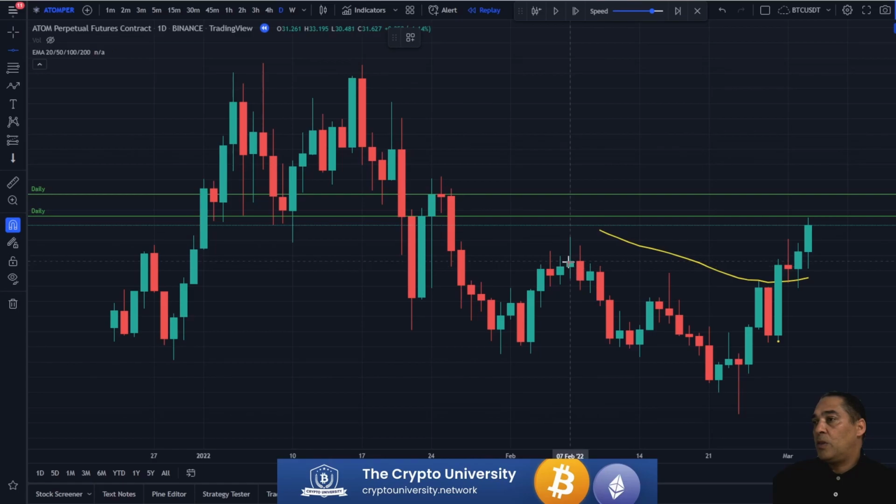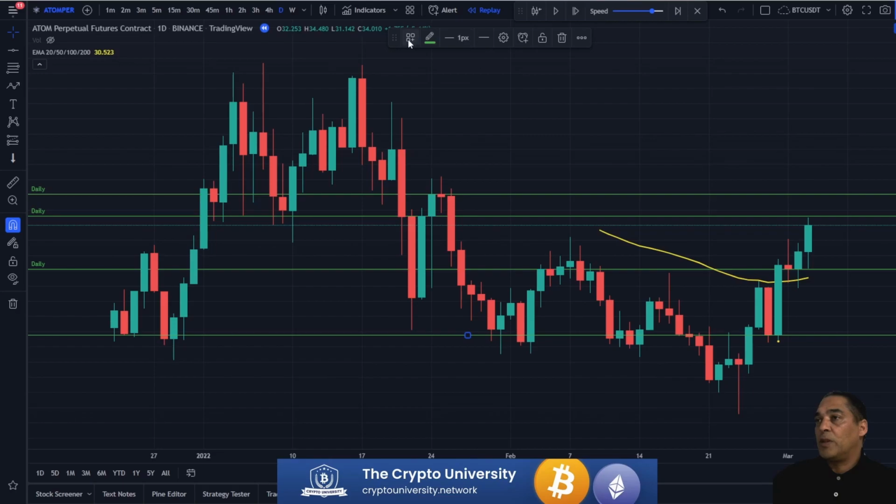I'll go with this one. No, I'll go with this one as my daily support. And this one as well for my daily support. Once I've established my support and resistance, I will jump back over to the 1 hourly chart.